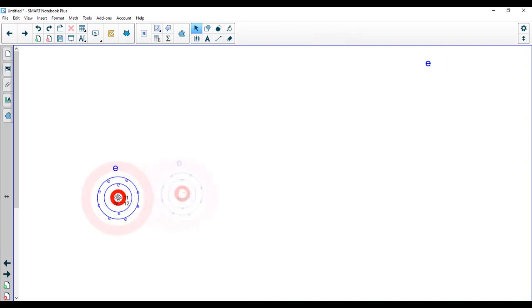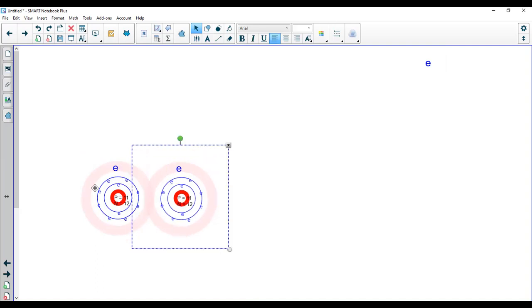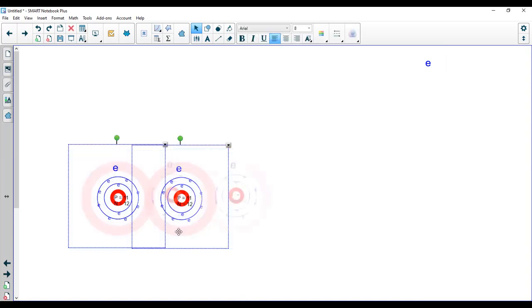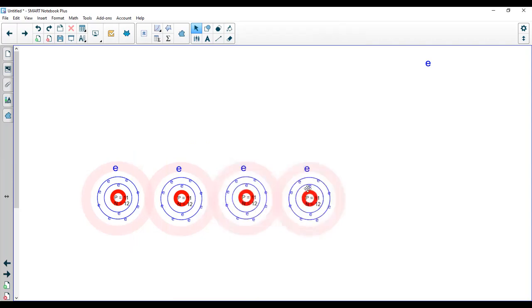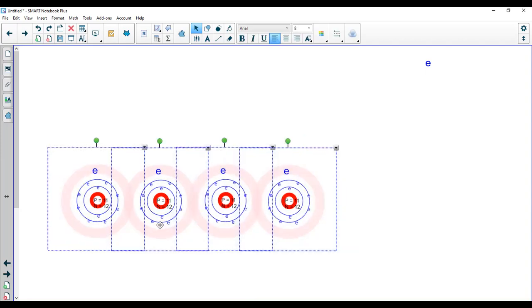They get stacked like this. So that's how they get stacked together, and they keep getting stacked like this, more and more.